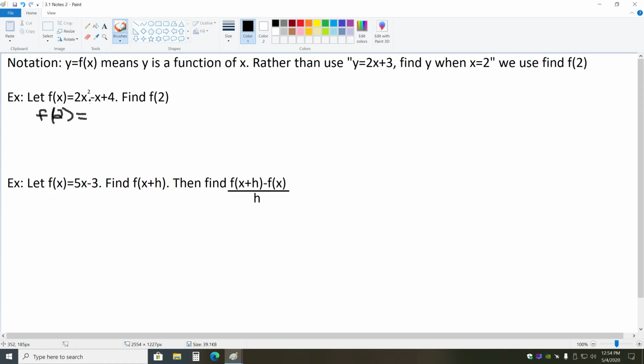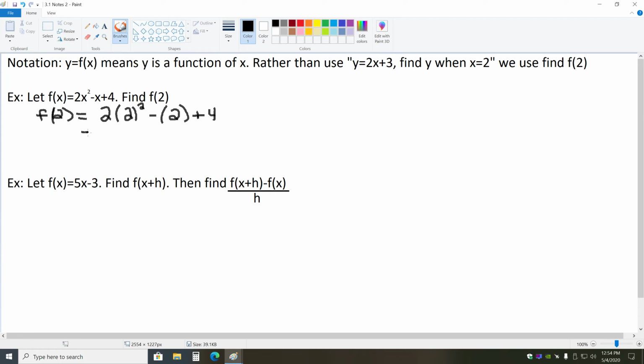Find y when x equals 2, so just plug 2 in for every x. So that gives us 2 times 2 squared, minus 2, plus 4. Oh, I didn't mean to put a negative there, I apologize.